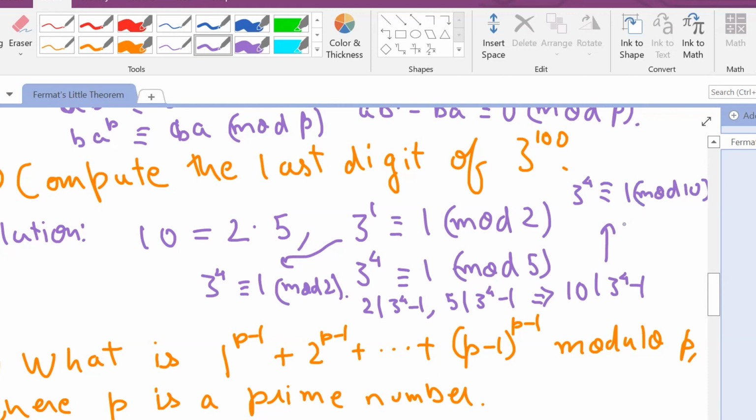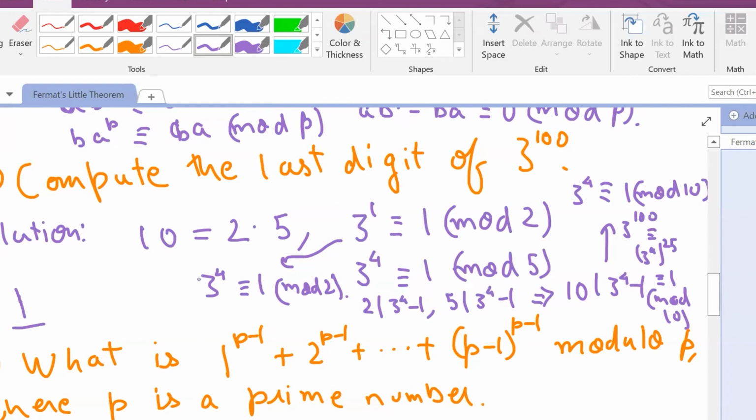But this essentially gives us the solution, right? Because 3 to the 100 is congruent to 3 to the 4, to the 25, which is just congruent to 1 mod 10. And the answer to our problem is essentially 1.